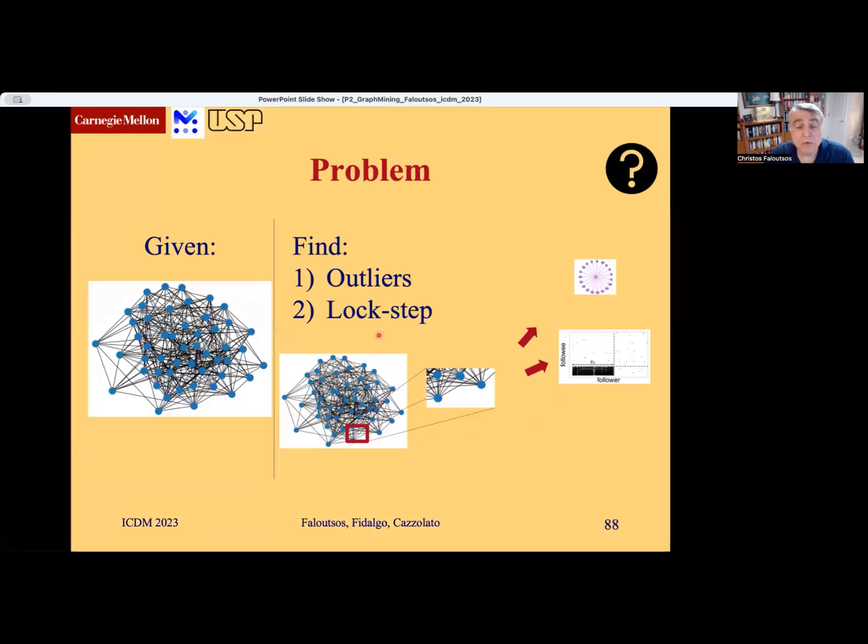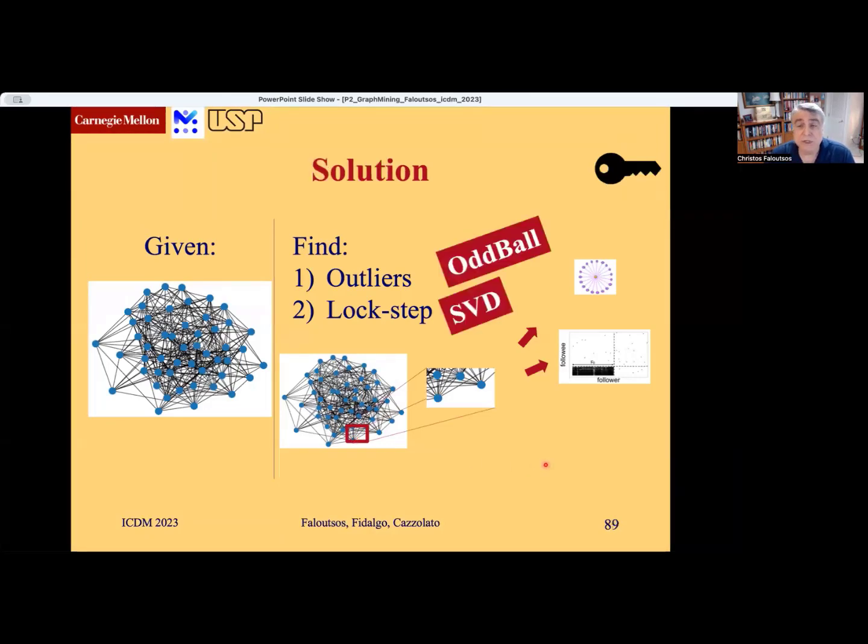And we want to find nodes that have lockstep behavior. Too many people, a subgraph where too many people are doing exactly the same thing, because usually this is suspicious. And the solutions are many. We will go over two of them, the oddball algorithm and the singular value decomposition that we saw a few slides back.